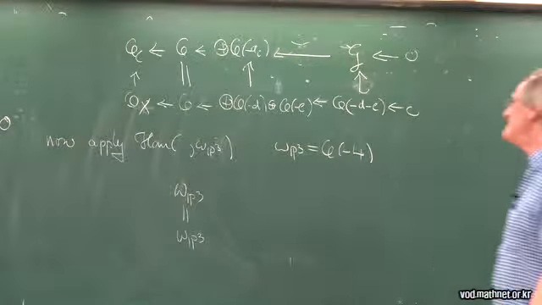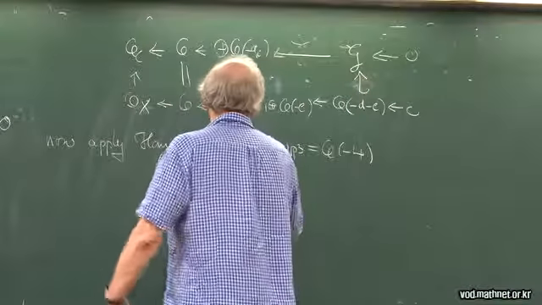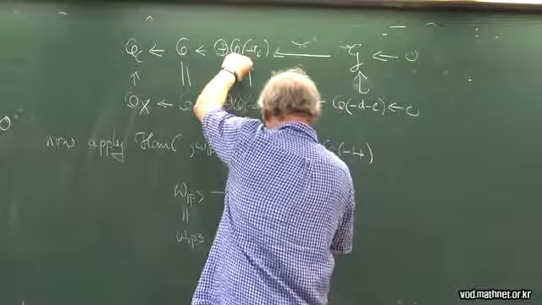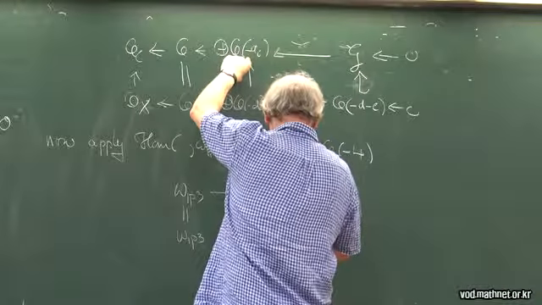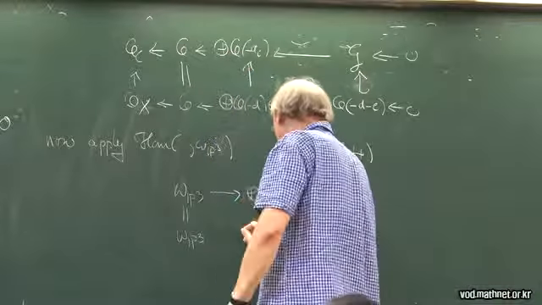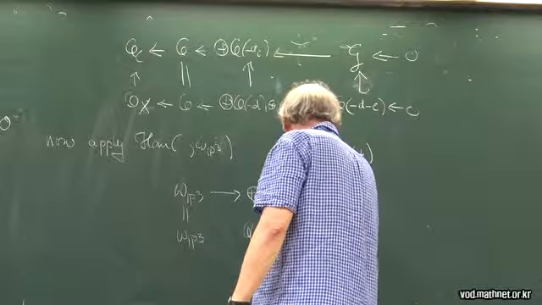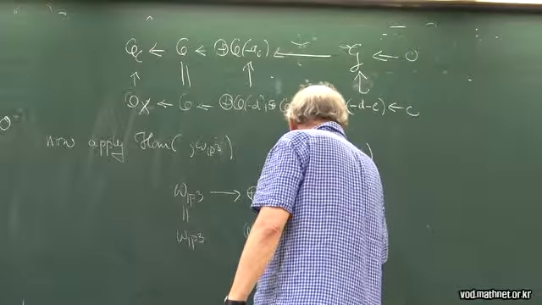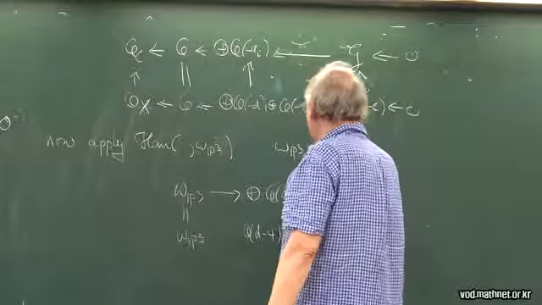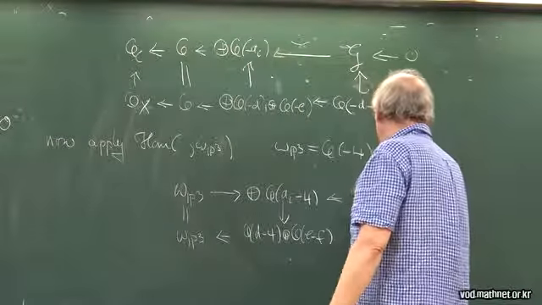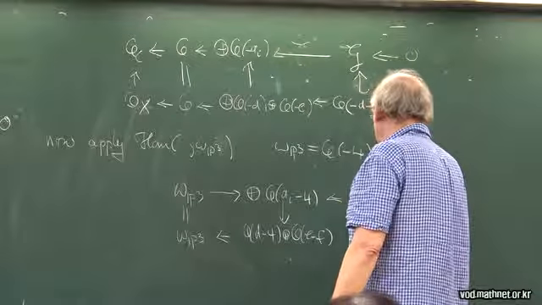Then here I get a map to O of AI minus 4. Here I have O of D minus 4, and O of E minus 4. And the map now goes in this direction. Here I get G dual twisted by minus 4.